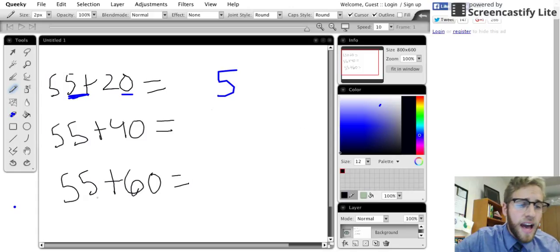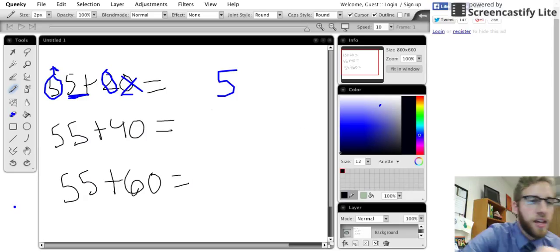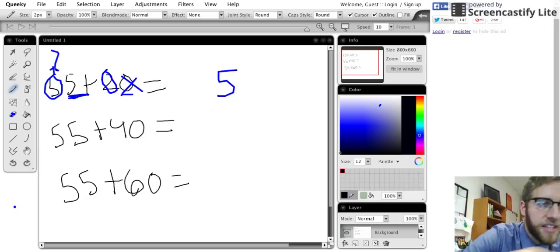Now looking at my tens place, this is where I really need to focus: 55 plus the 2 tens, because that's all that really matters here. The 0, we're just ignoring it. The 2 tens is just going to make 55 go up by 2 tens. So the 5 tens are just going to go up by 2 to make us have 7 tens.